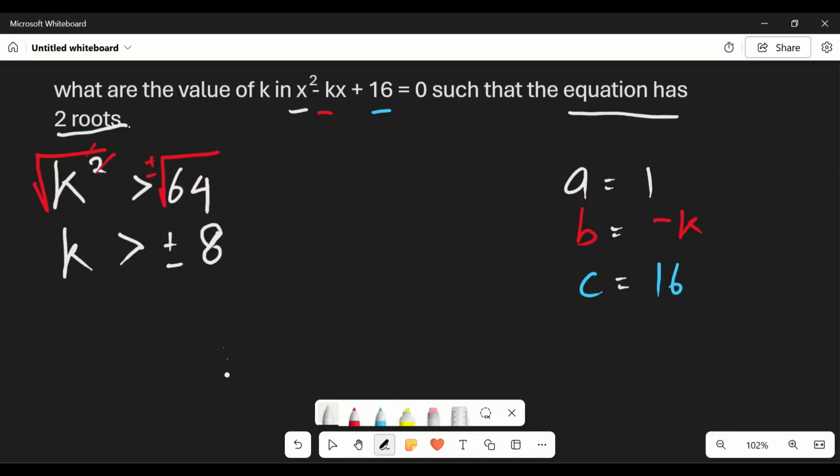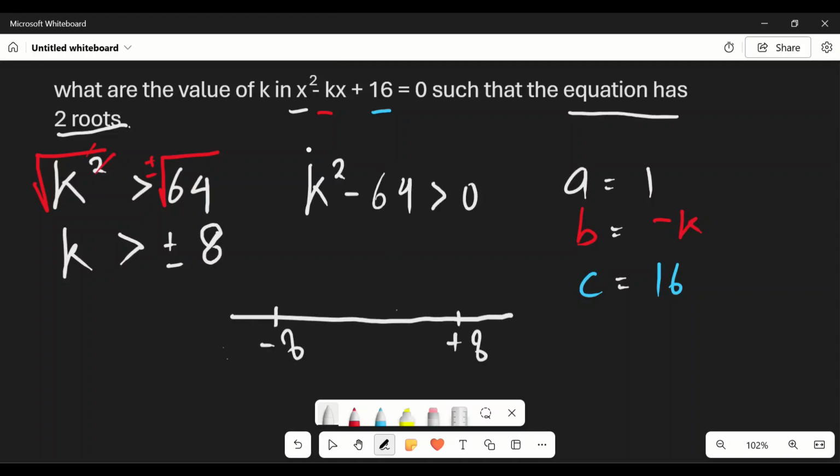But there's one thing. We must find the range of k. First, we must draw a number line. Then we put minus 8 and plus 8. Then we can compare to this. If we take the value of k less than negative 8, we get discriminant bigger than 0.